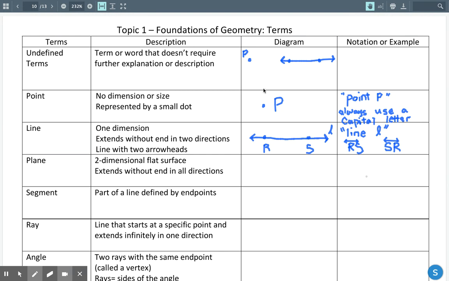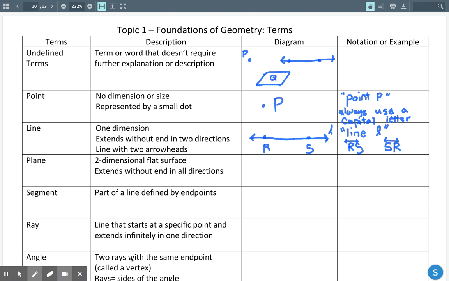Our plane is our last undefined term. So I'm going to draw a little parallelogram here, and I'm going to label it Q. Capital Q. It's like the hardest letter to draw in a small space.